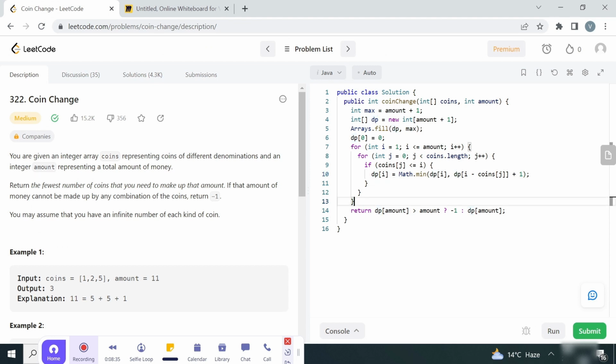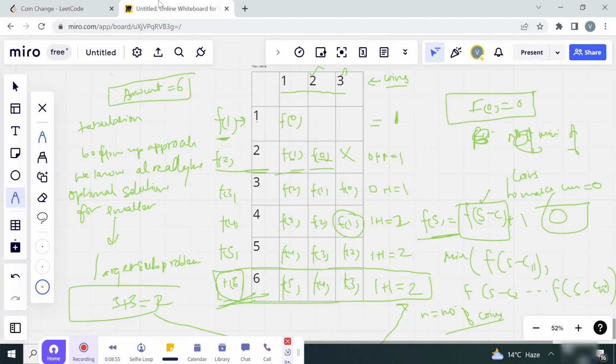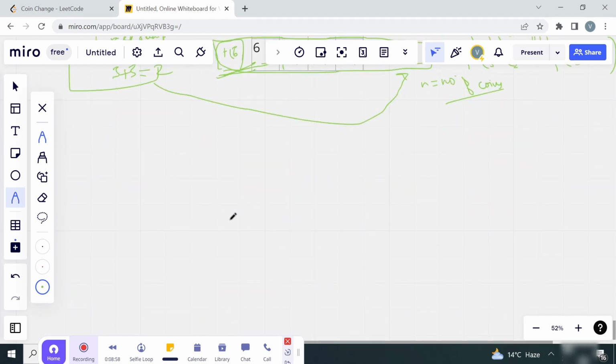And after this for loop is completed, we check DP of amount. If it is greater than amount, then we'll return minus 1. It means the amount cannot be made up from any coin denominations. For example, if the coin available is 2 and the amount is 3, there is no way we can take any number of coins of 2 to make up 3, right?